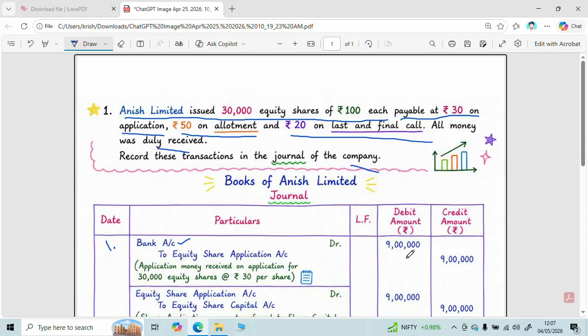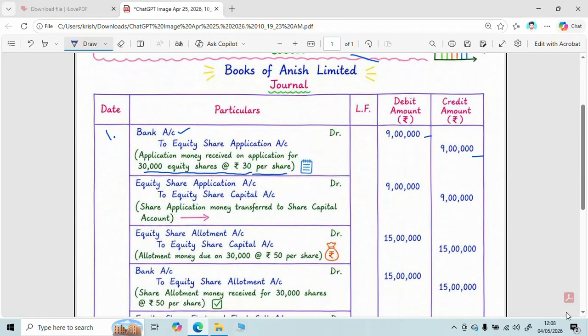The amount is 9 lakh rupees. The narration is application money received on 30,000 equity shares at 30 rupees per share. This is the first journal entry you have to pass in the company journal book.